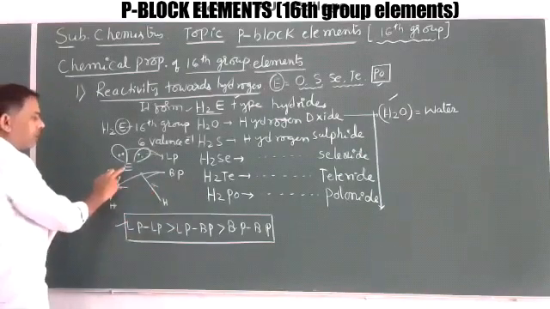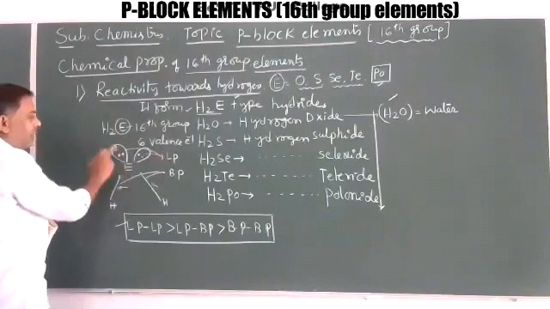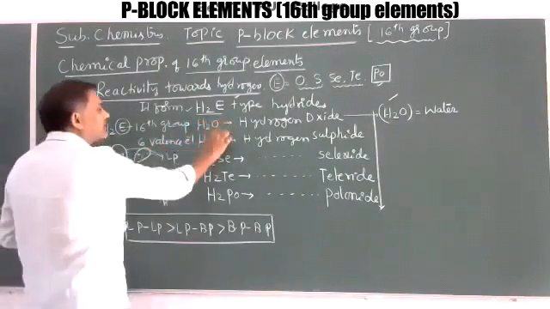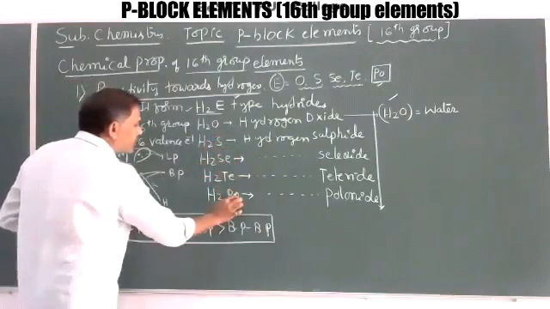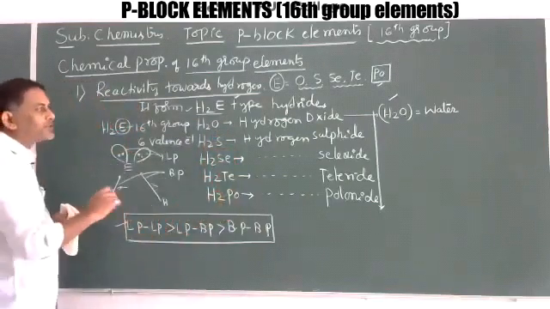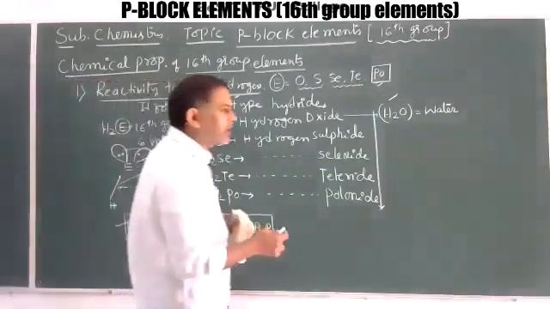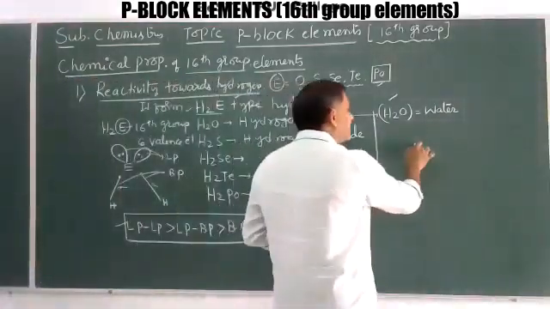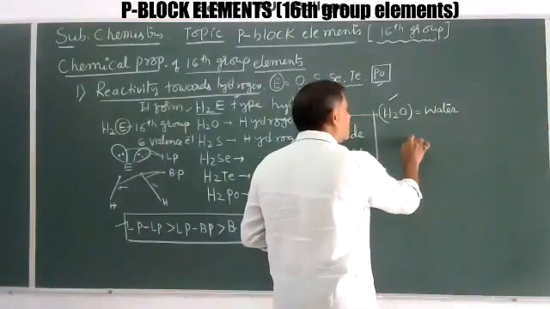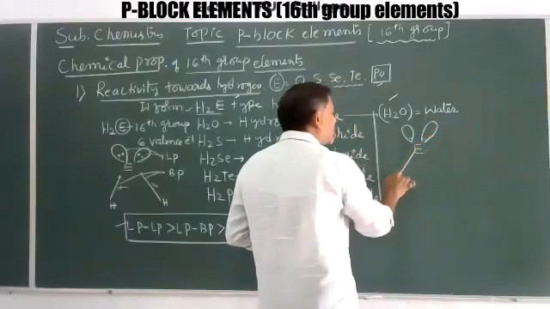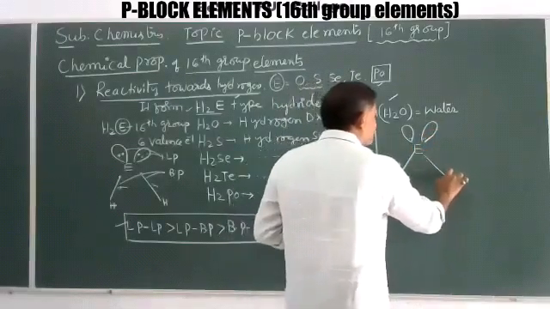So in this H2E type molecule, the central element, either oxygen, sulfur, selenium, tellurium or polonium, undergoes sp3 hybridization. Why? Here E has two lone pairs and two bond pairs.